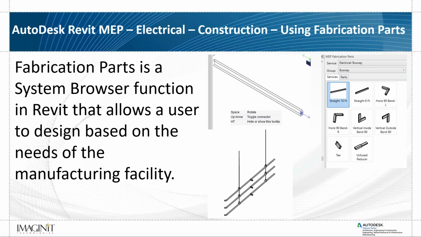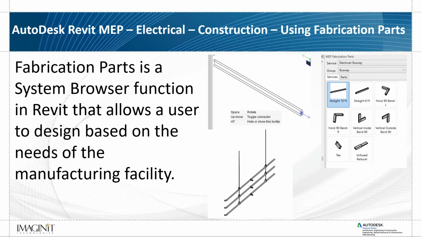Now, the difference between using the fabrication parts and straight conduit or straight cable tray is that the fabrication parts have a base distance of 10 feet, 6 feet, whatever you set that up for. So now you can send this directly to the manufacturing facility, and they know how many straight pieces I'm going to have without having to recalculate that math.